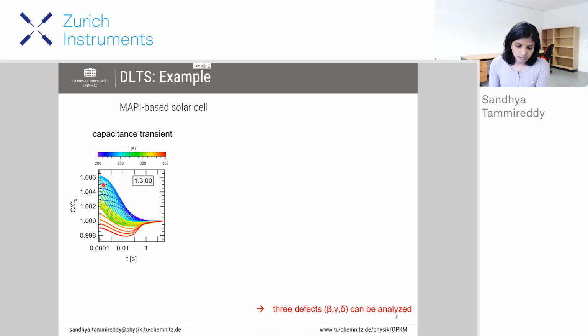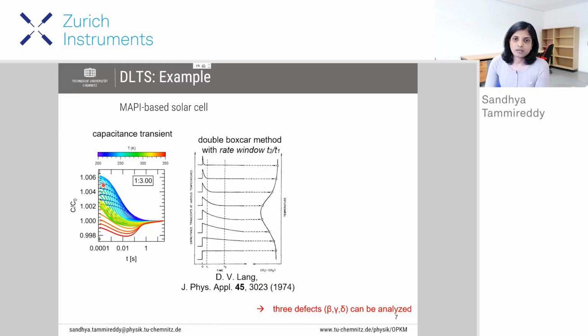In DLTS, you might have two ionic species contributing in one single transient. So it would be a bit complex to evaluate the data like this. In order to evaluate it better, you can use an averaging algorithm such as the boxcar approach, where you define a rate window and you try to see how the capacitance varies in the specific rate window.